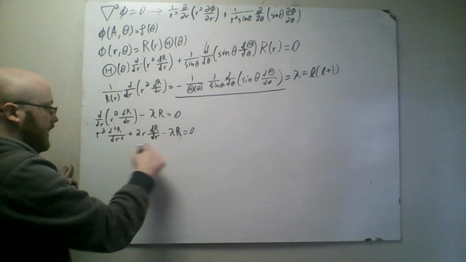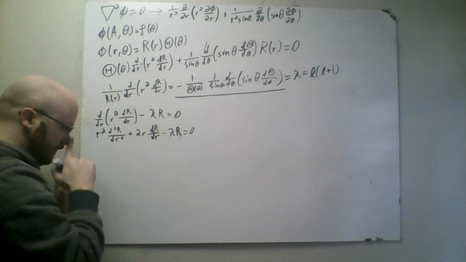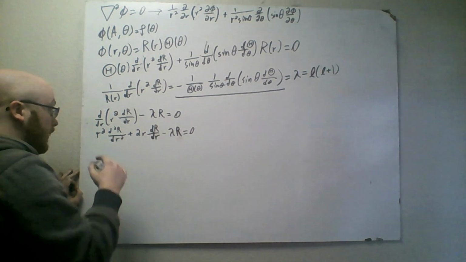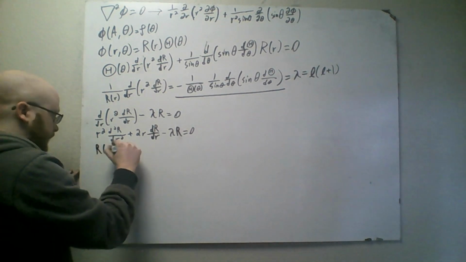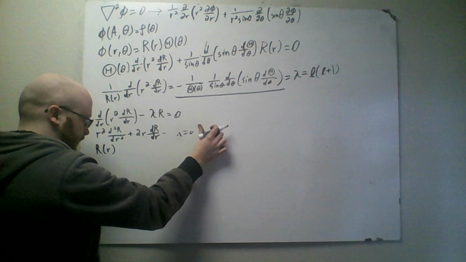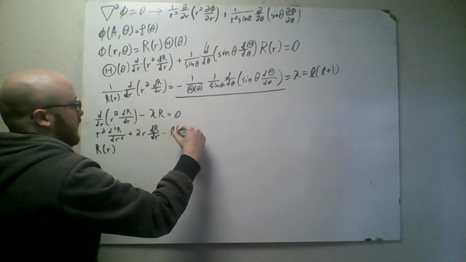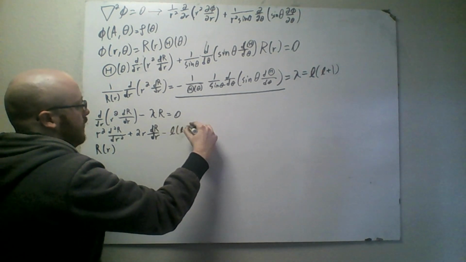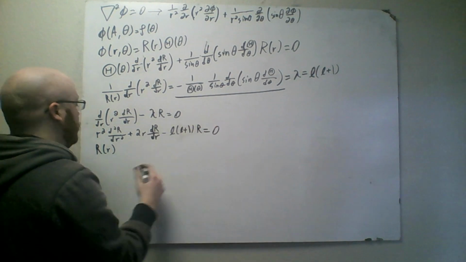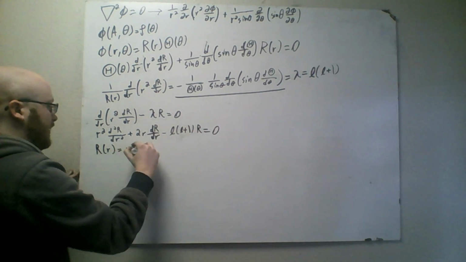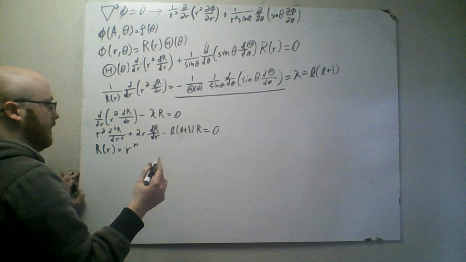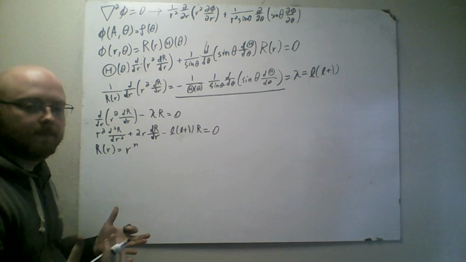If we guess e to the x, it just won't work. So I'll make the substitution now, just because it's going to be nice later. I'm going to guess that this is r to the n, so it's some kind of polynomial.